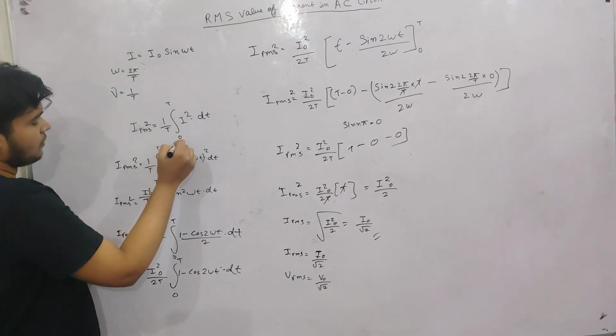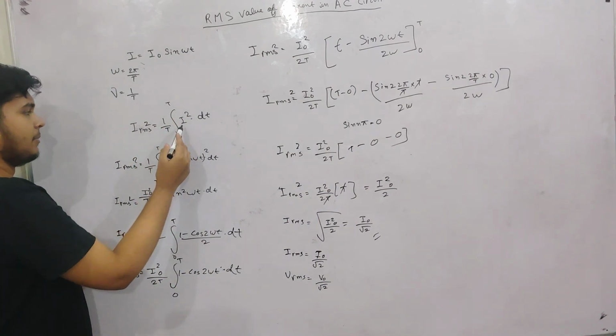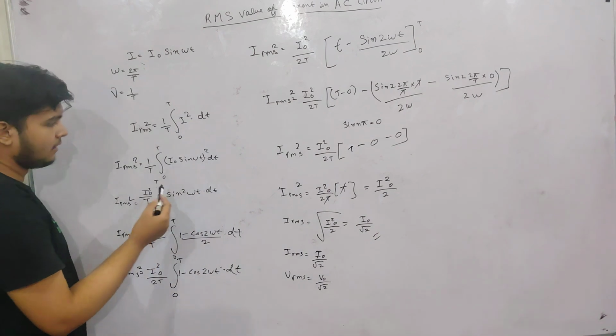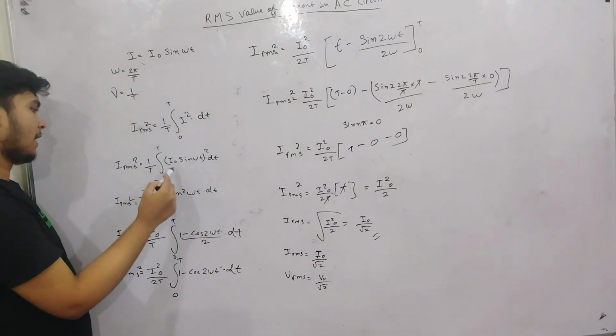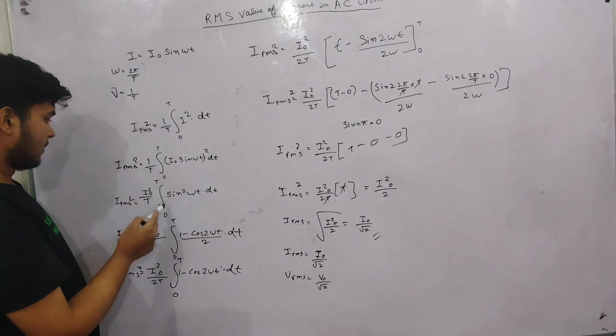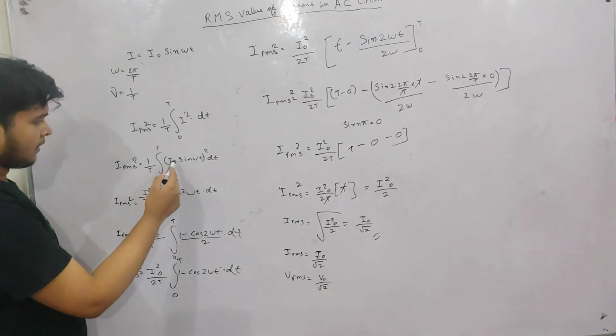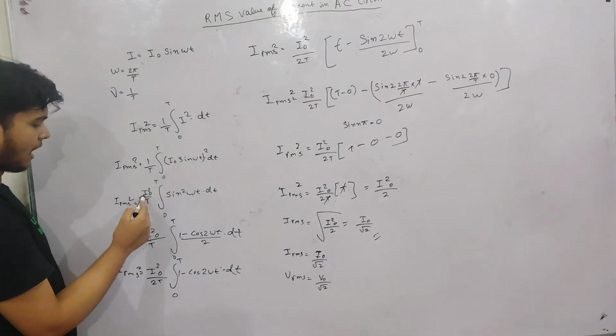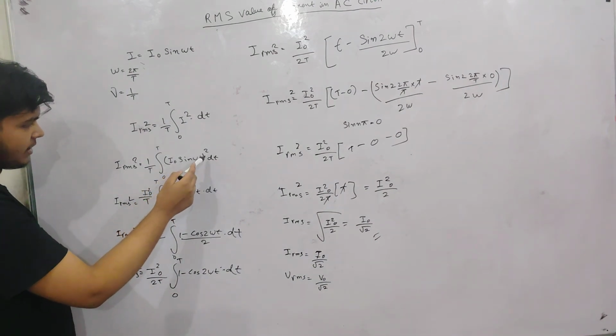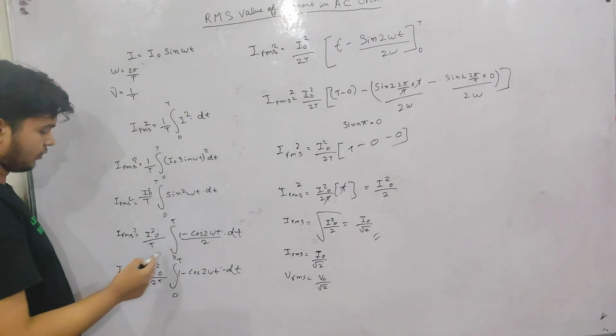1 by T, lower limit 0, upper limit T, I square into dt. We will put the value of I as I naught sin omega t and integrate it. I naught whole square will come outside as a constant, sin square omega t into dt.